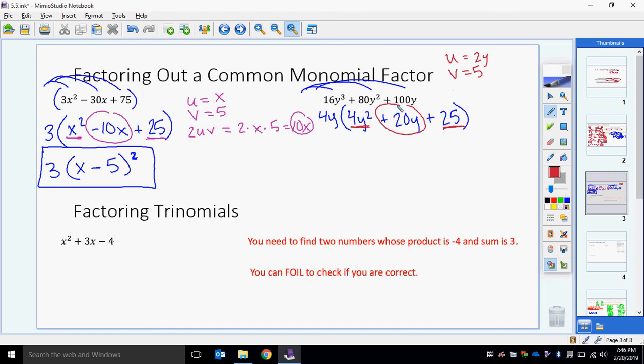Now I need to check my middle term to see if it's the same as 2 times the u times the v. If I do that, I get 20y, so we match. It's a perfect square trinomial, so that's going to be 1 parenthesis squared. I have my 4y out in front. It's going to be a plus sign in my parentheses, and I fill in with my u and my v.